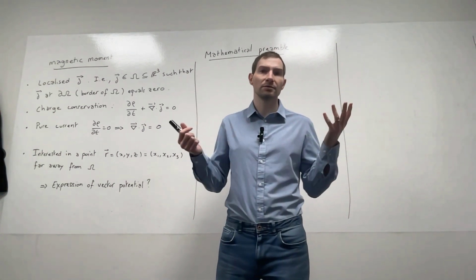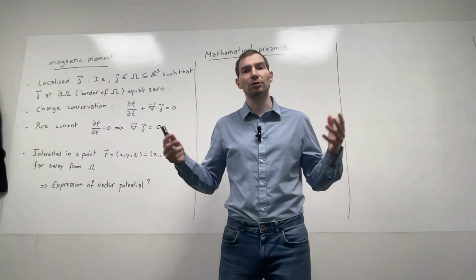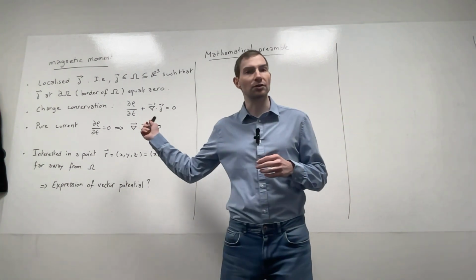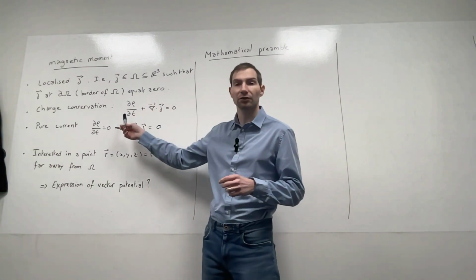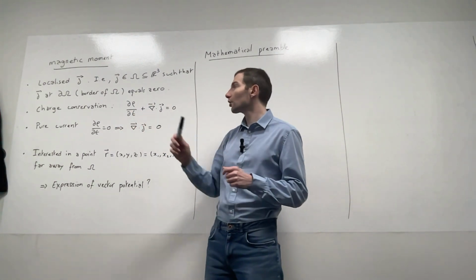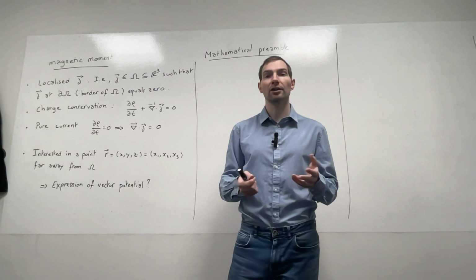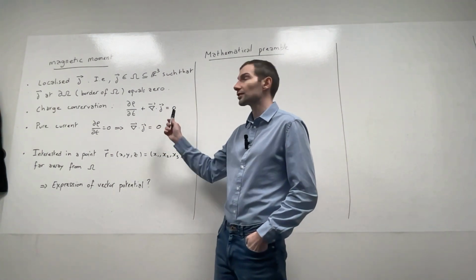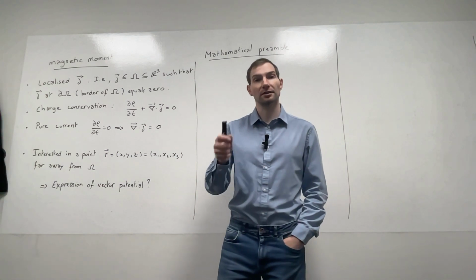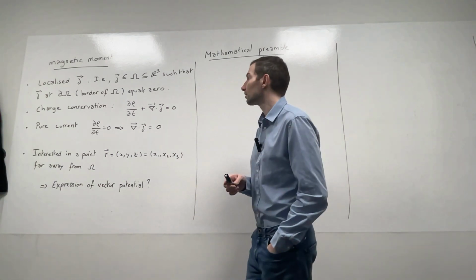We assume, and it's more than an assumption, it's kind of a principle, that there is charge conservation going on. That relates to the continuity equation, where rho is the charge volume density, and there is the divergence of the current density that you've probably seen before.